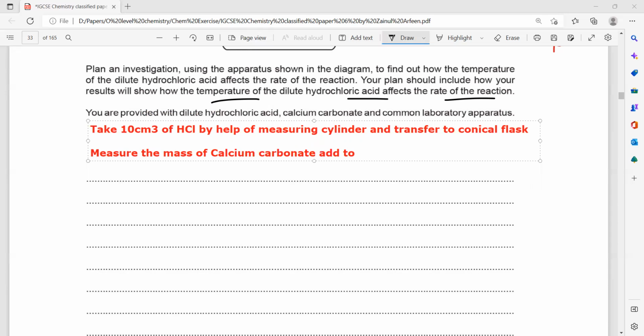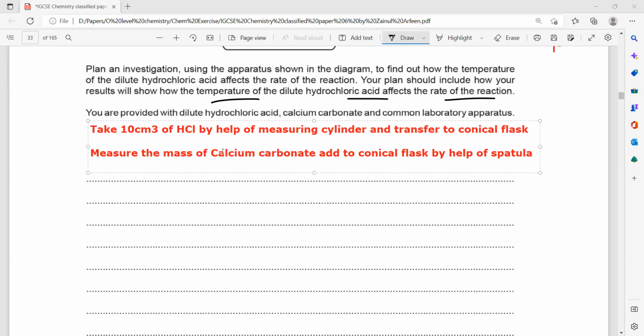Add it to the conical flask, and how can we transfer the solid? With the help of a spatula.